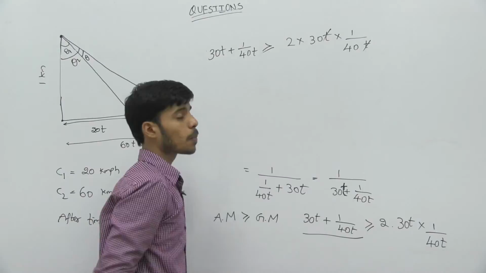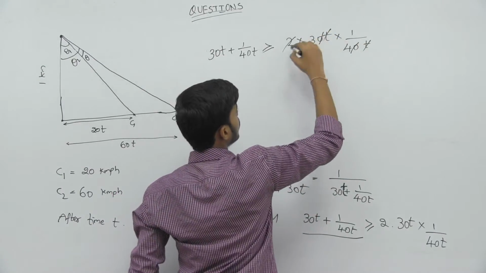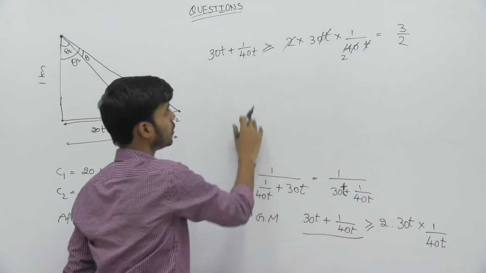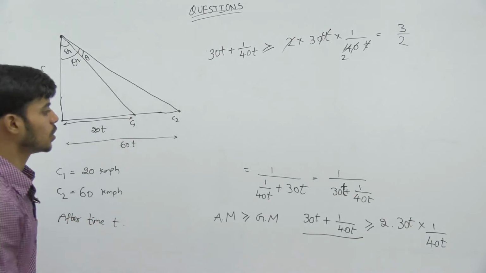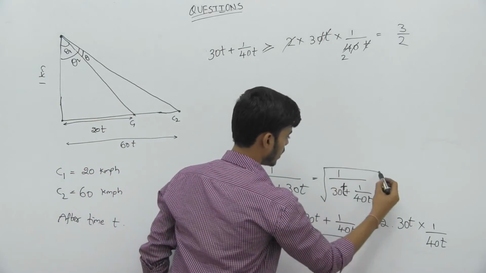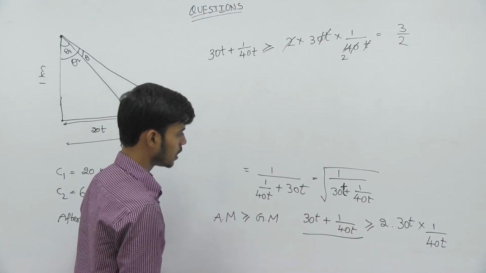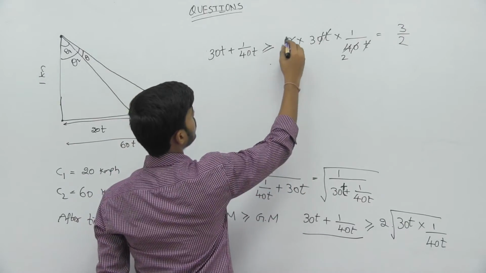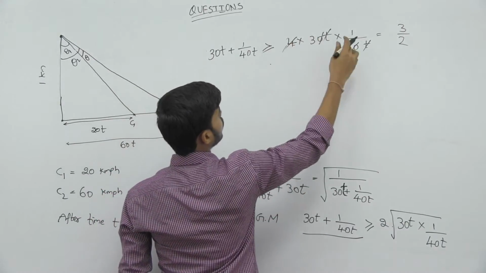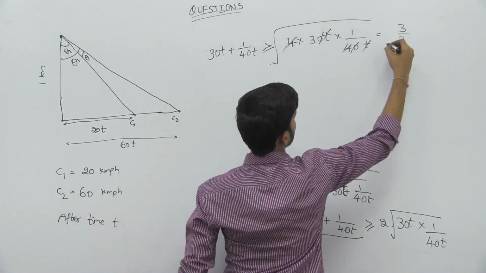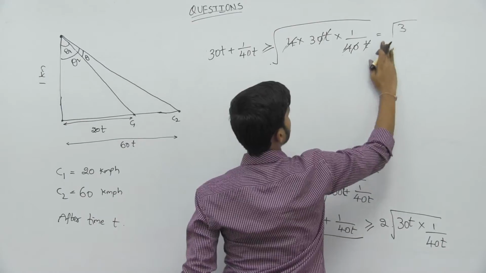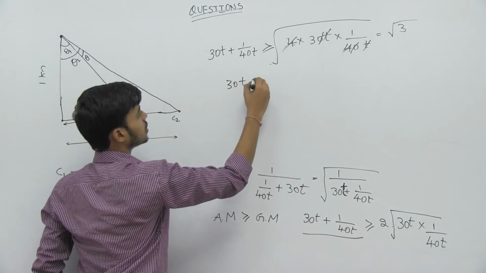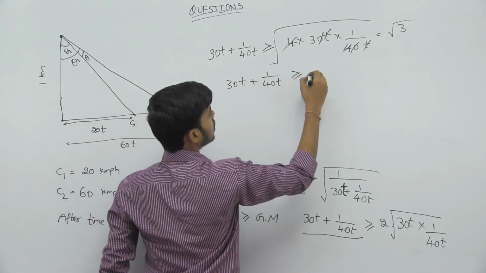The t's get cancelled, the zeros also, 2 2s are 4, we are left with 3 by 2. Under the root, the 4 becomes 2, so we have root 3. So 30t plus 1 by 40t is greater than or equal to root 3.